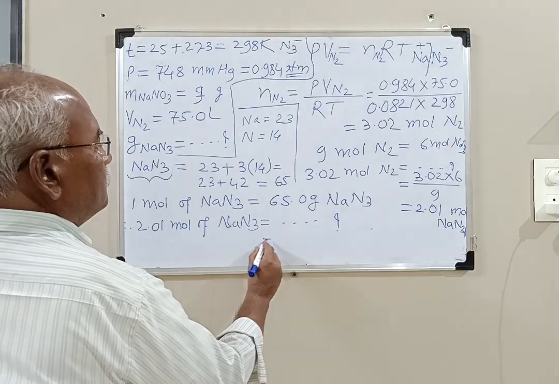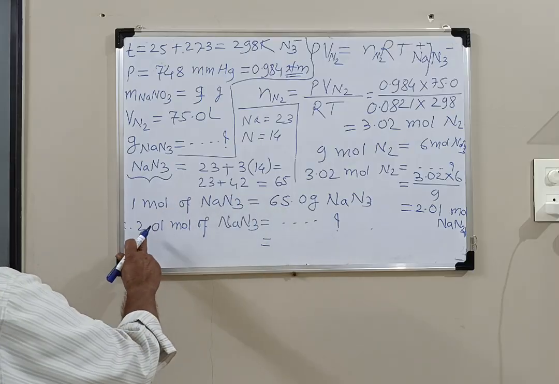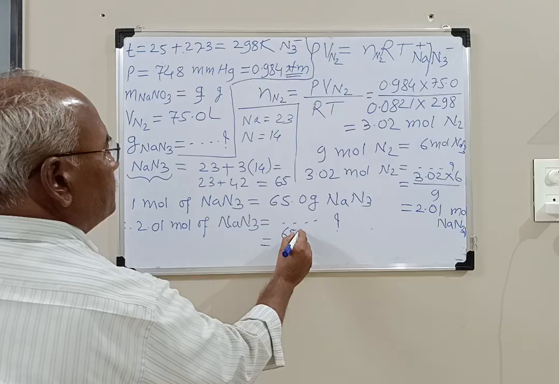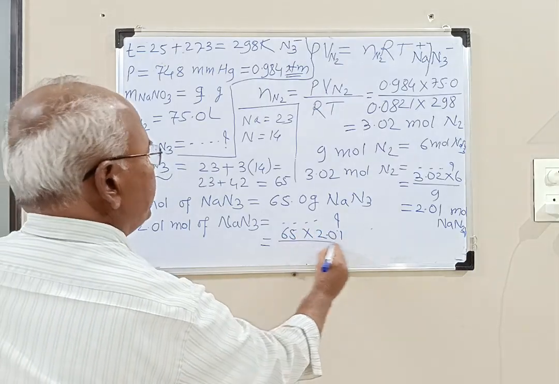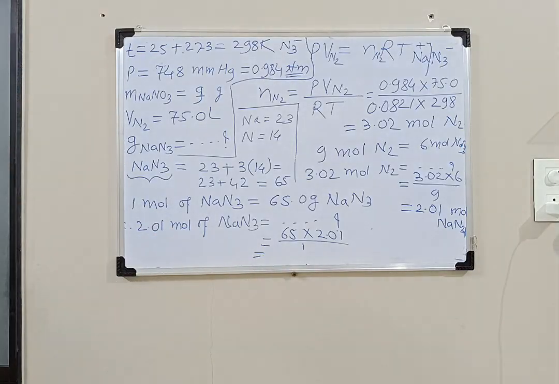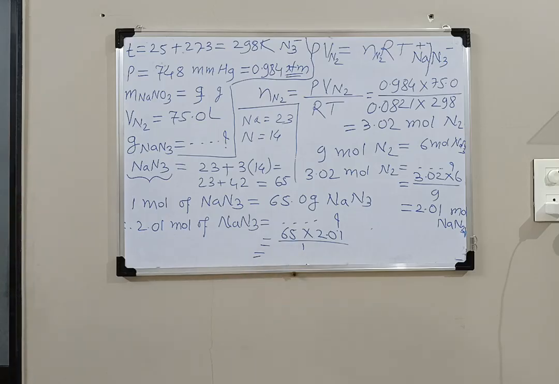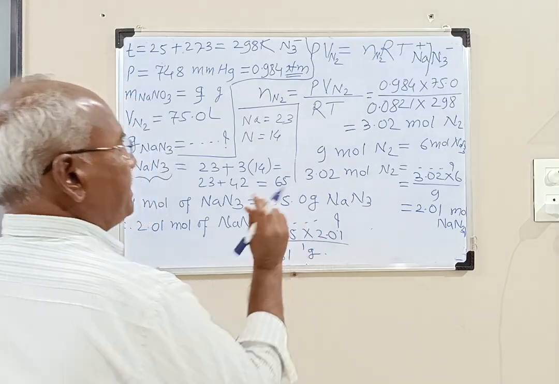Cross multiplication: 65 into 2.01 divided by 1, calculate approximate answer 131 gram.